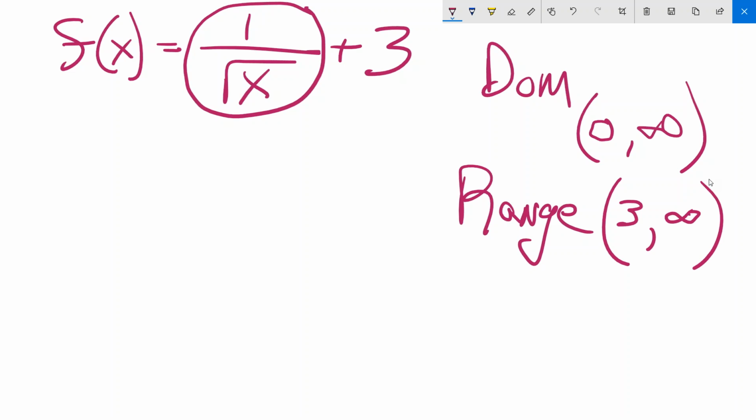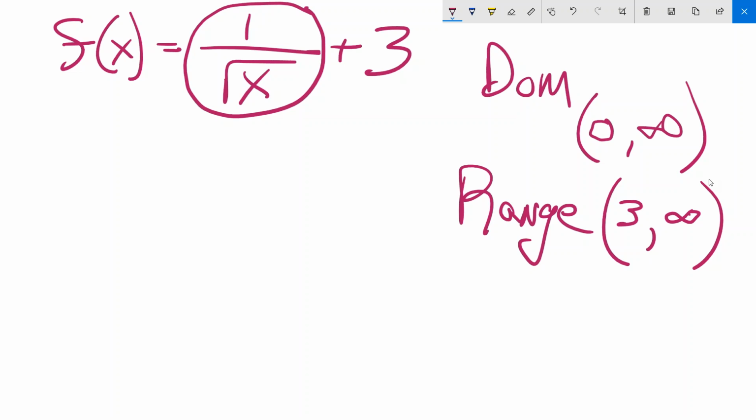Notice that if x were a number between 0 and 1, like a half, well, I got 1 over a quarter, so that's 4 plus 3. So the closer x gets to 0, the bigger the circled part gets. So the range definitely can go up to infinity.